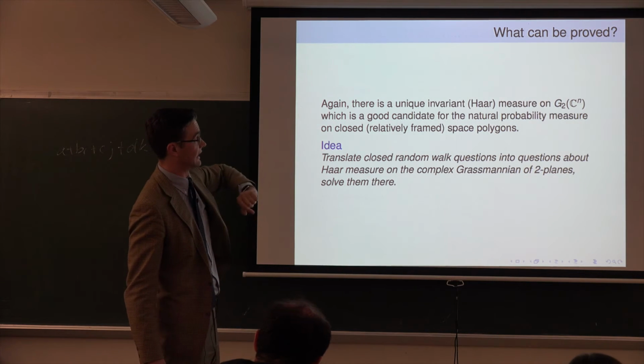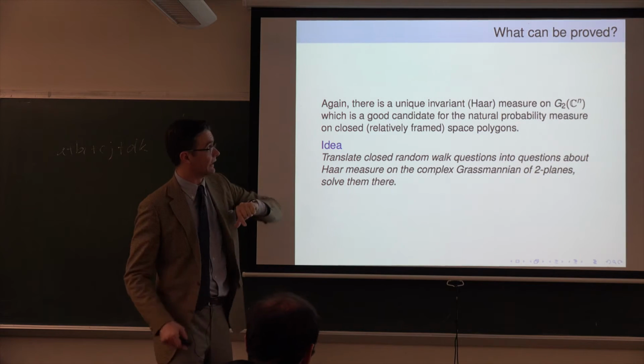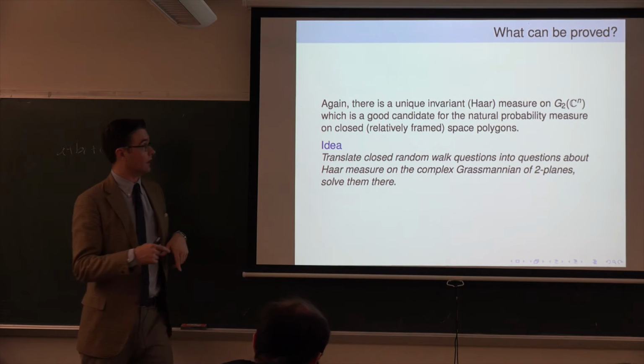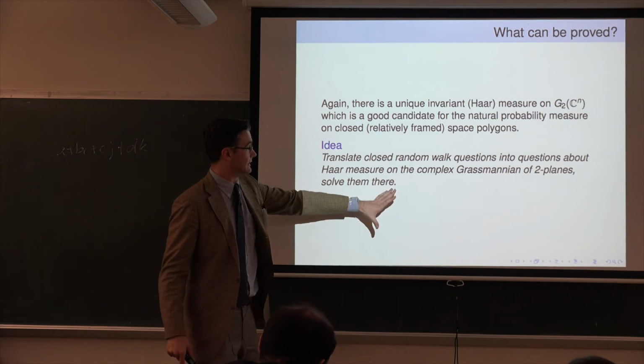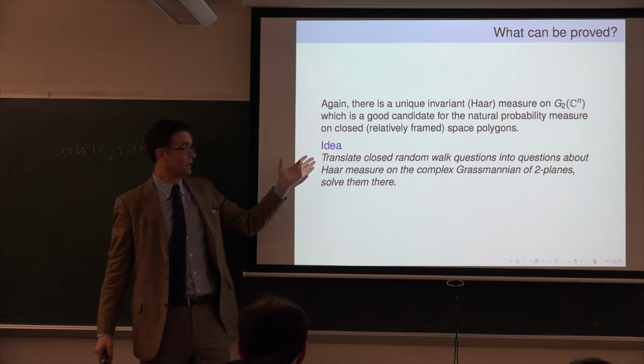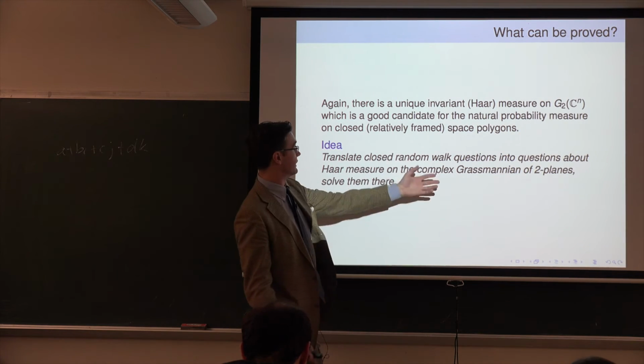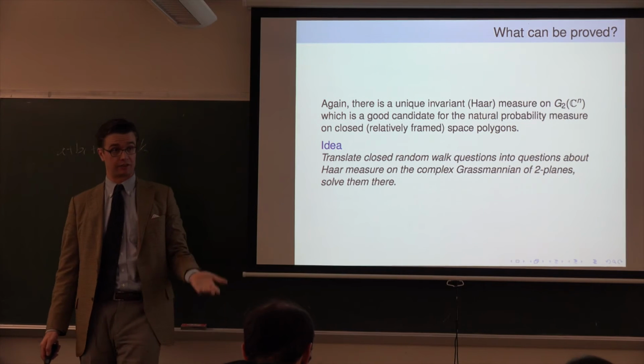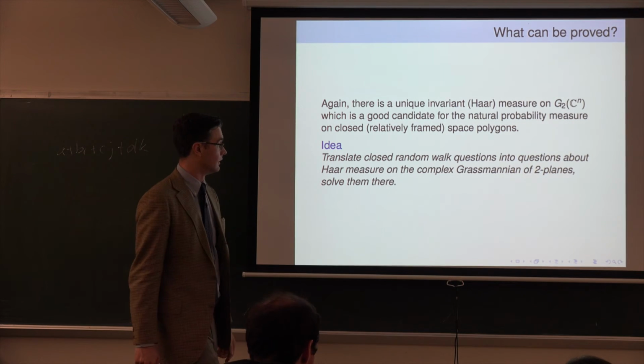This is just saying why this is such a nice space. Again, it has a Haar measure on it. And so the idea is to translate questions about random walks to questions about Haar measure on the complex Grassmannian of two planes.